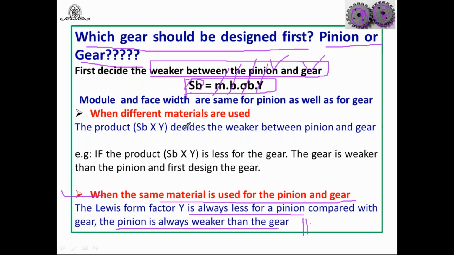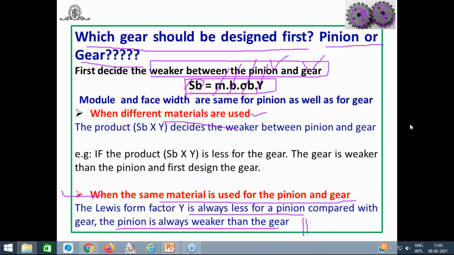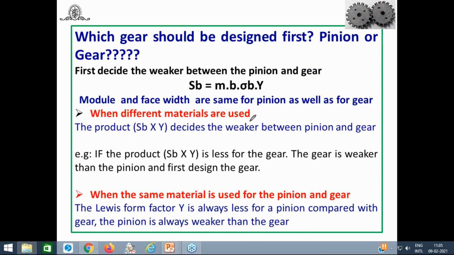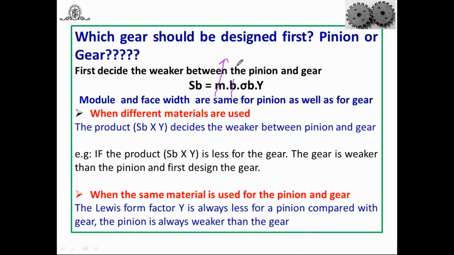But when different materials are used, which one is weaker? That we have to decide. For different materials, m is again the same, b is also the same, that is 10 times the module.